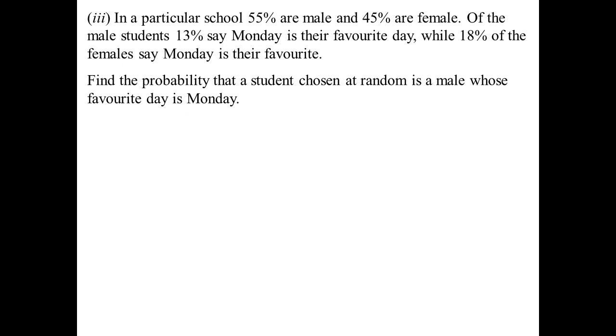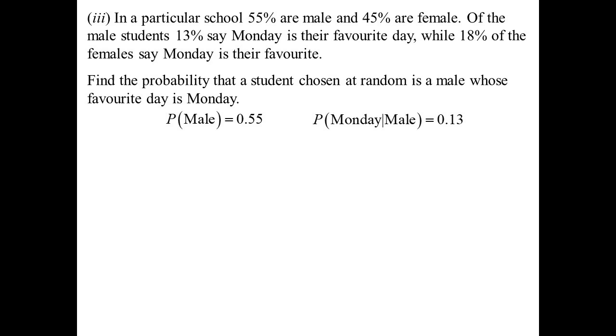So in a particular school, 55% are male, 45% are female. Of the male students, 13% say Monday is their favourite day, whilst 18% of the females say Monday is their favourite. Find the probability that a student chosen at random is male whose favourite day is Monday.